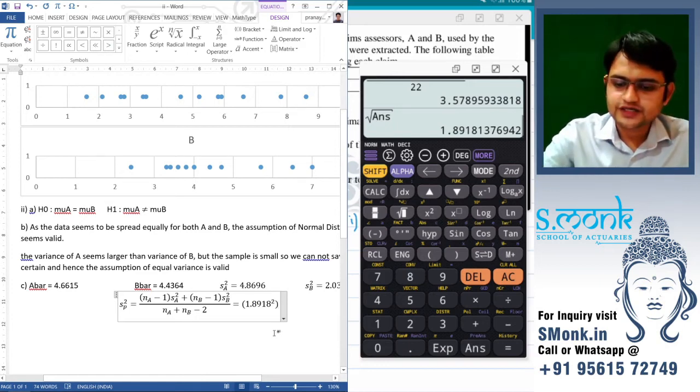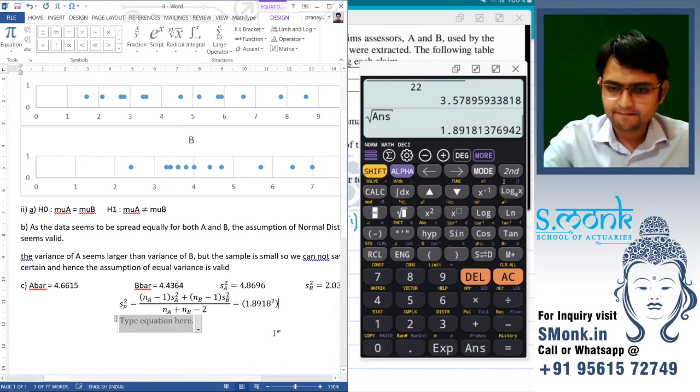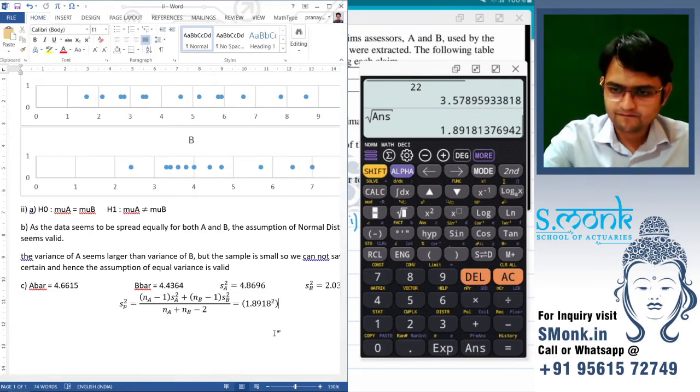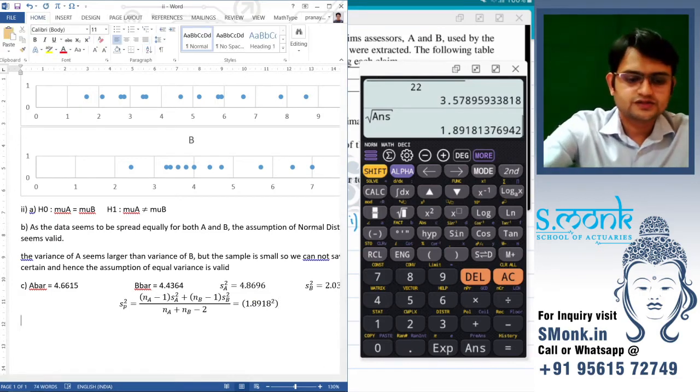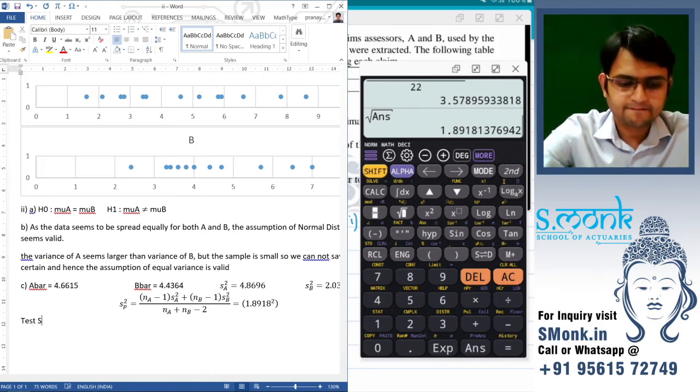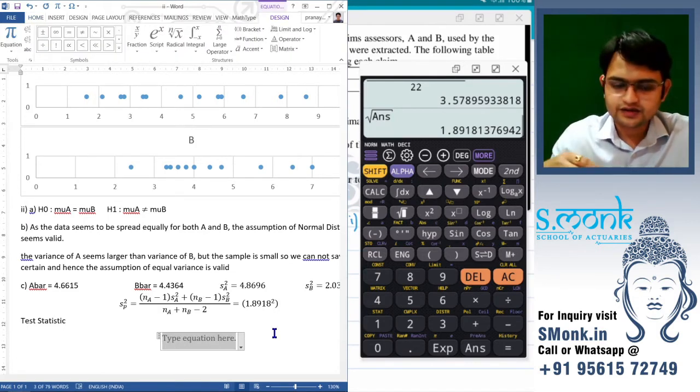Now we'll have to show the test statistic. For this we will definitely require equation editor. It would be much easier to write it in equation editor. So this is two sample t-test. Okay, so you can write x a bar, x b bar, or you can write a bar, b bar.